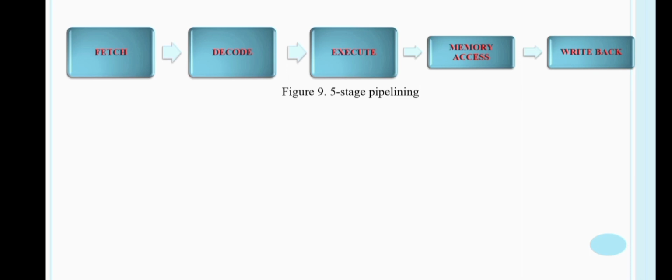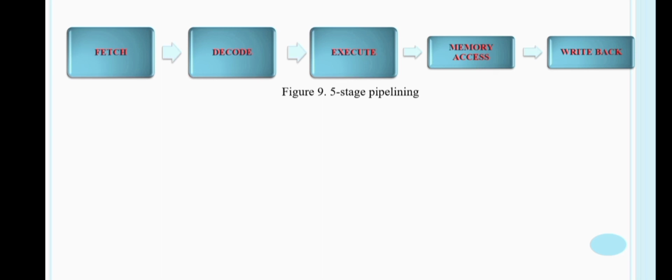In the decode stage, we decode the instruction and fetch the source operands. Third stage is execute. During the execute stage, the computer performs the operation specified by the instruction. Execute processes the instruction and writes the result back to the register.